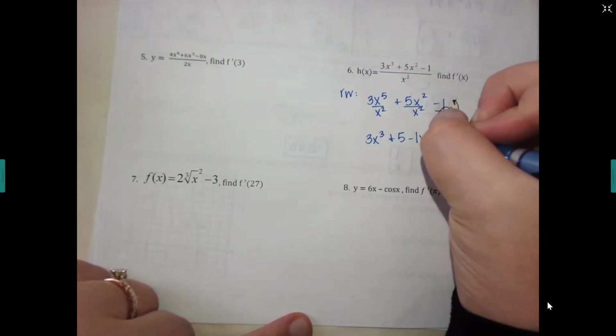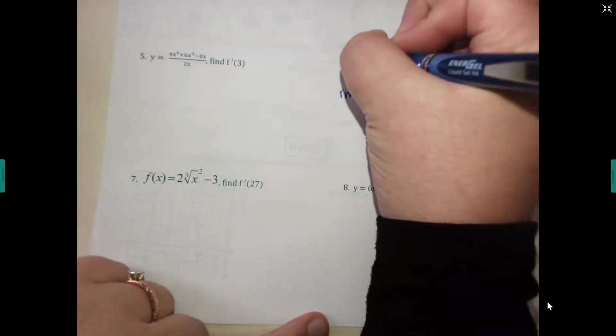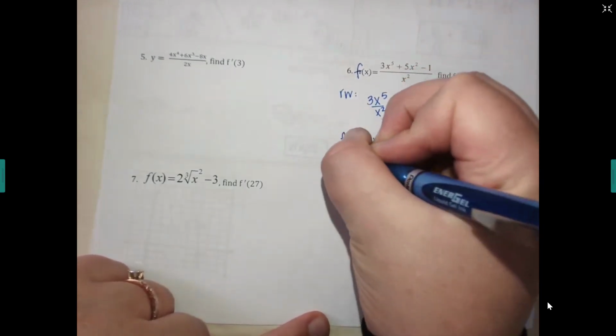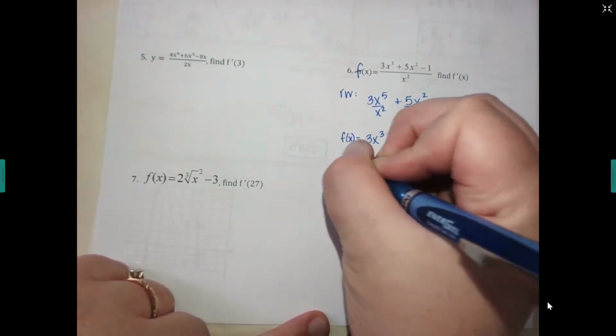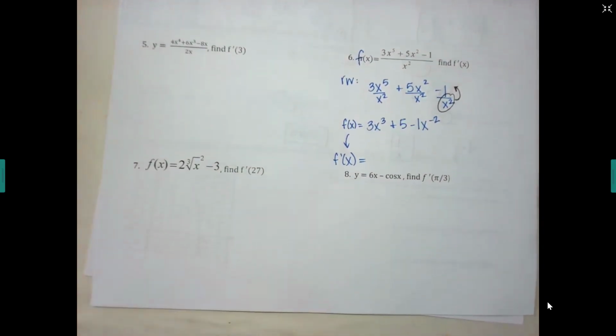Turn it negative. Very good. Now notice, I haven't taken the derivative yet. I'm prepping it to take the derivative, which is my next step. So I'm going to write that this is still f of x, and now we're taking the derivative. Okay? Go ahead and do that for me.